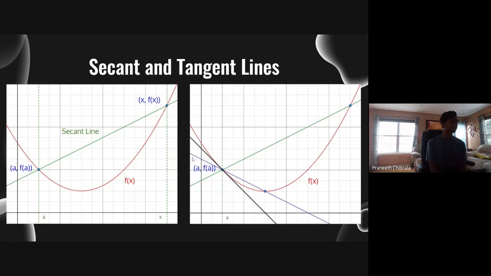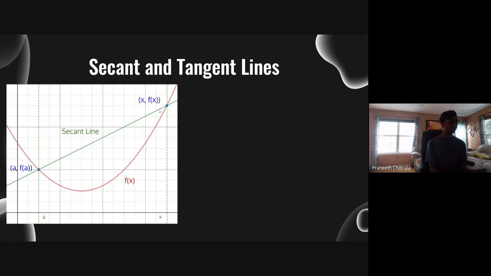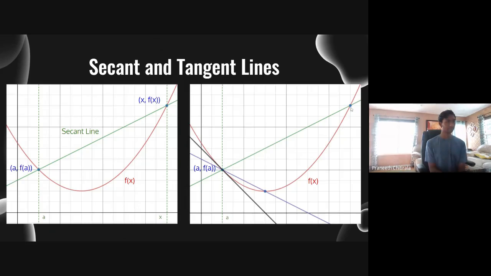So what happens when we bring this point here, x, very close to a? That's what we can see here. This is the secant line still, but this is the first point that we have. We want this point, x1, f of x1, to very closely approach a, f of a.